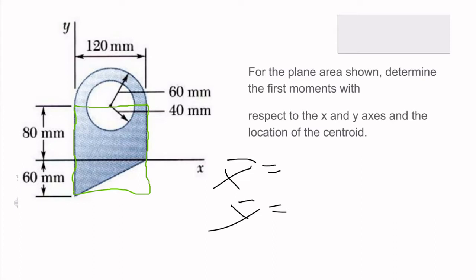The next section that we're adding is going to be this semicircle right here. So we got that, got the green. And then we got the two sections that we need to remove.